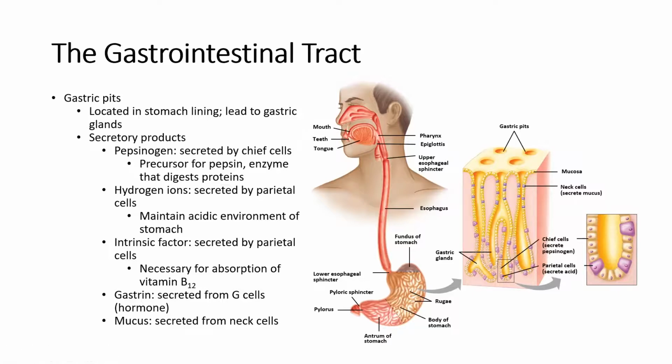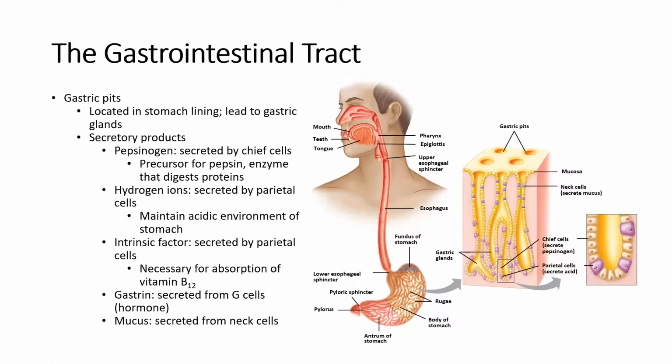So pepsinogen is one of these contents that are secreted by stomach cells. Pepsinogen is secreted by the chief cells that are lining the gastric glands. The function of pepsinogen is to be a precursor to pepsin, and pepsin is going to begin the breakdown of proteins, all right?